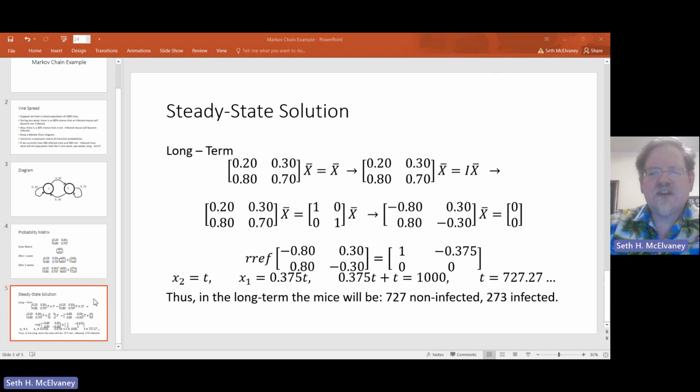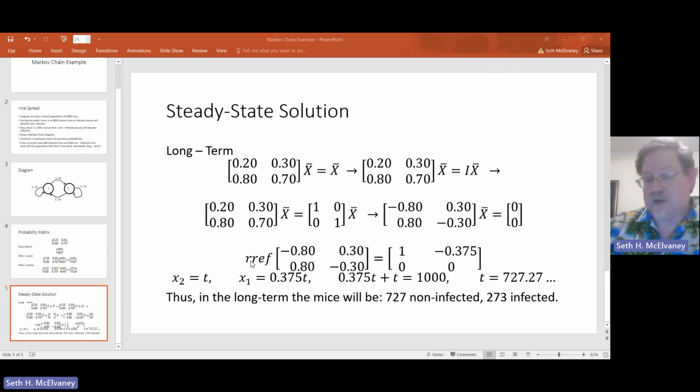To solve, we put this matrix into reduced echelon form, and it turns out we get 1 and then negative 0.375, and of course 0s on the bottom there. Because column 2 did not have a leading 1, we'll let that be our parameter. We'll let x2 equal t.